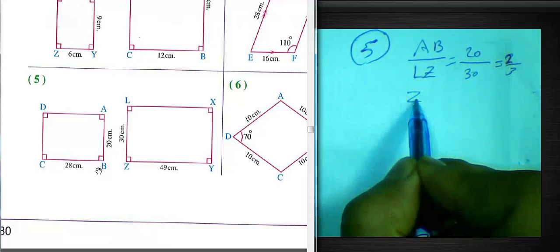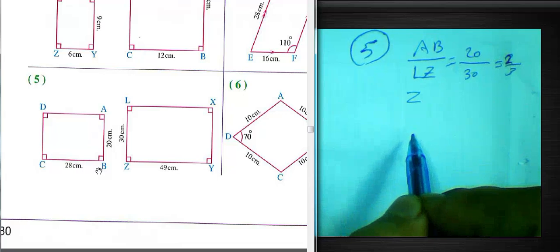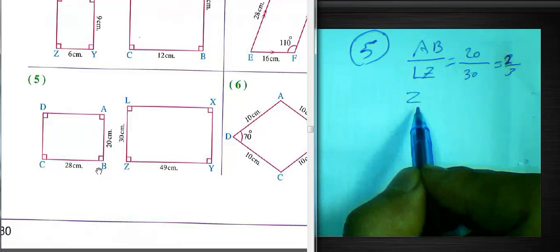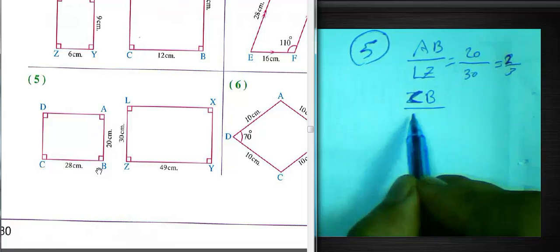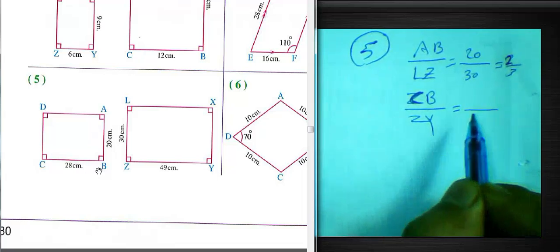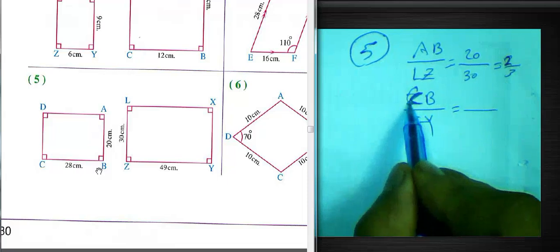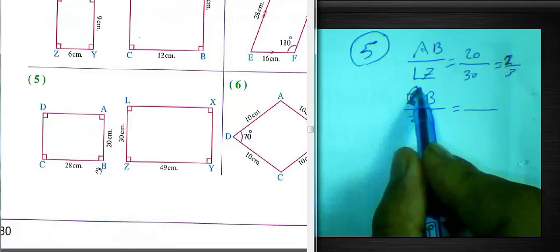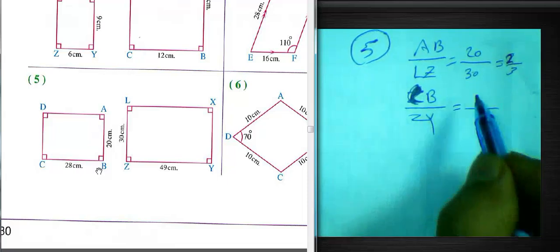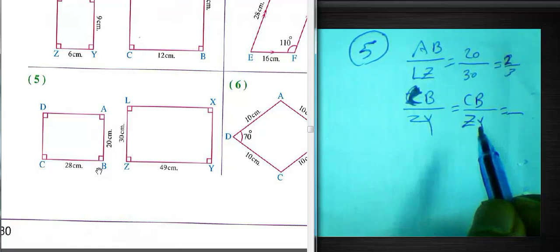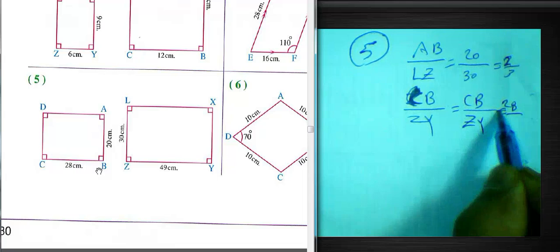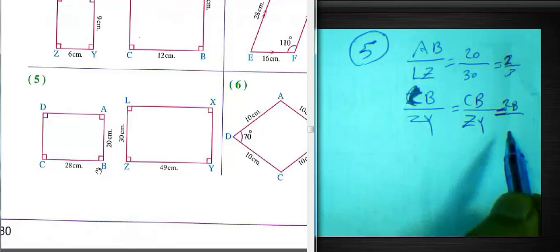ZY, the second. The first CB, we write CB over ZY. CB equal 28 centimeter. ZY equal 49.